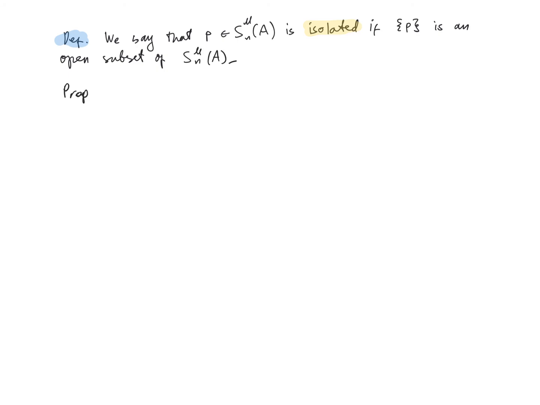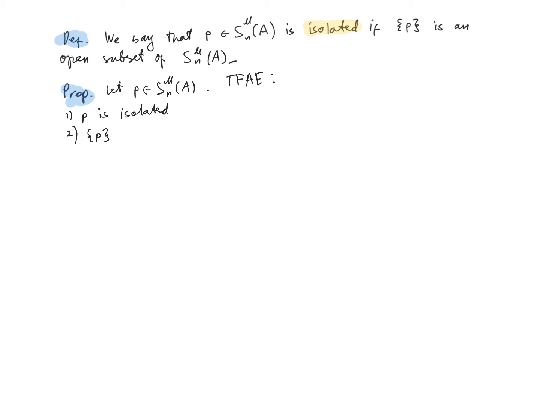We have the following proposition characterizing isolated types. So let p be a complete type over A. Then the following are equivalent. 1. p is isolated. 2.